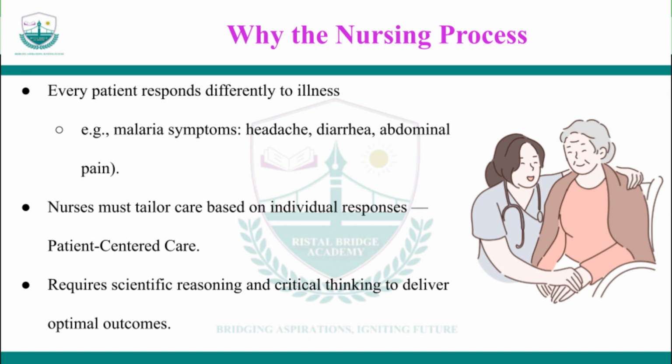So the importance: it involves scientific reasoning and critical thinking for optimal client care. When using the nursing process, you need to always reason and think critically. You should be able to identify the problem, then get a solution to that specific problem. If you have been giving the patient medication, you should know that some medications have side effects.